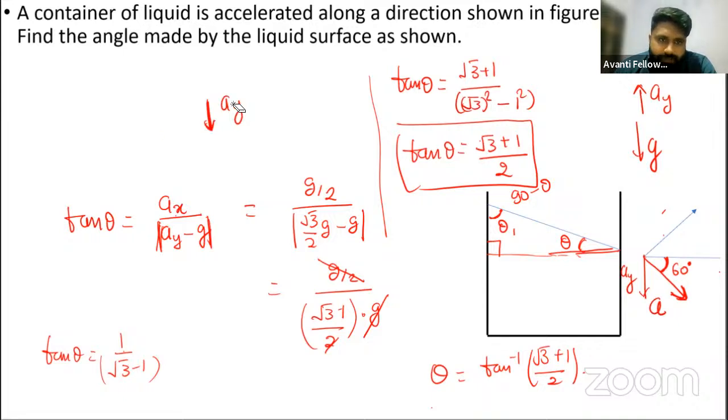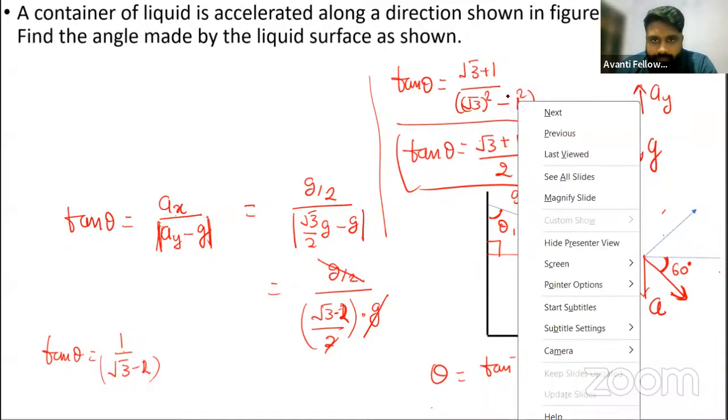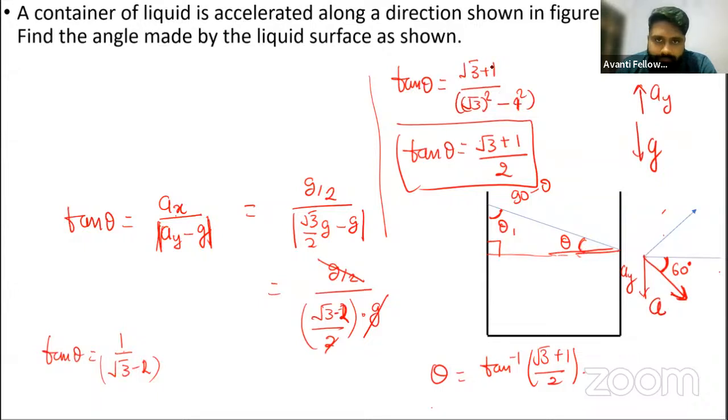Okay. Acha, LCM you are. Got it. Instead of 1, it will be 2. Got it. So this will become root 3 minus 2. So root 3 minus 2, it will become root 3 plus 2.